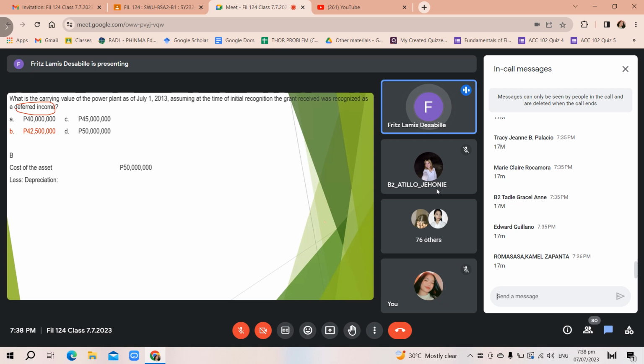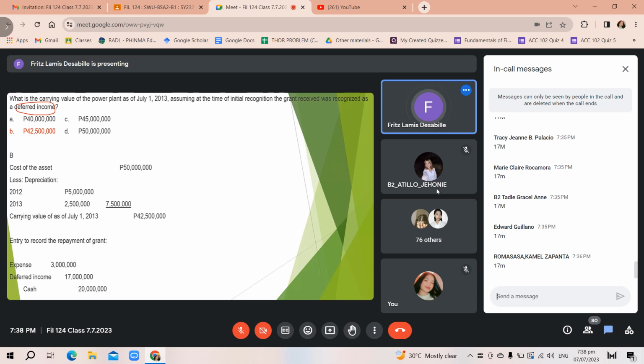The cost of the asset is 50 million, less 7.5 depreciation, so the carrying value is 42.5. The journal entry to record the repayment of the grant: loss on repayment of 3 million, debit deferred grant income 17 million, and a credit to cash for the amount we paid for the repayment of the grant. It is similar to what I wrote. Okay, so any questions?